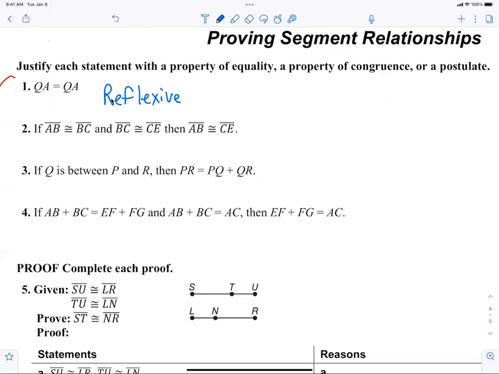That's the transitive property. If you said that, I wouldn't be mad, but this is the transitive property because it's in the right order. AB is congruent to BC, then BC is congruent to CE, therefore AB is congruent to CE.